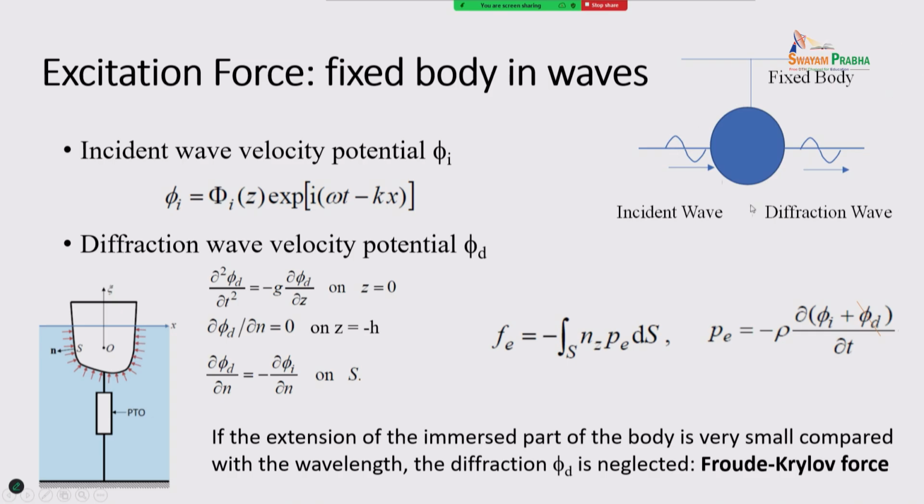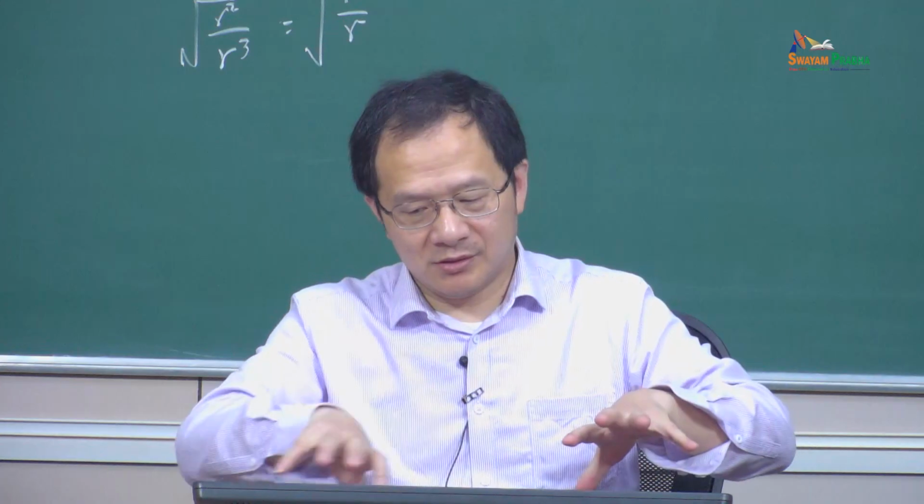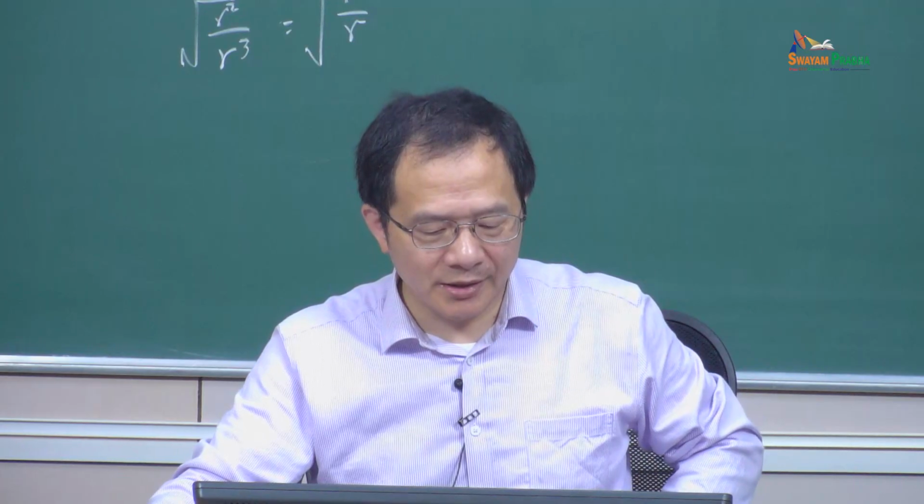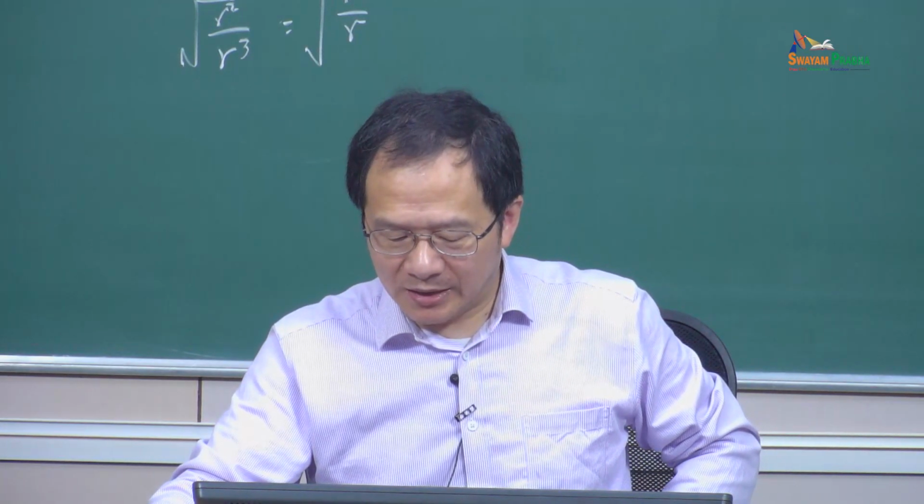As a result, the diffraction-induced force can be ignored. You just think, okay, the wave comes in, and this is how much the excitation is. Then you ignore the diffraction term, and that is the force we can calculate relatively easily.